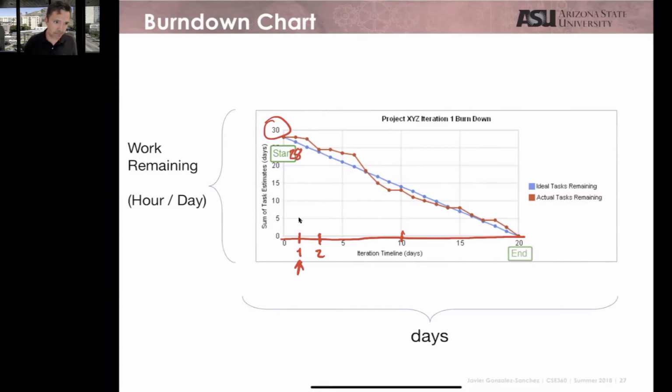Day 2, day 3, and so on. In every single moment during the sprint or at the end of the sprint, what we're going to have is the possibility of checking the Burndown chart.